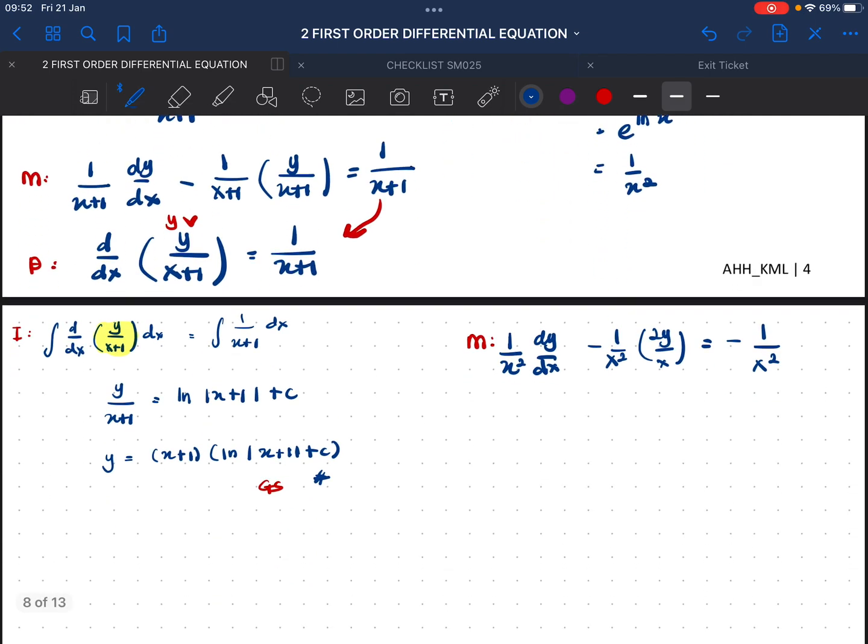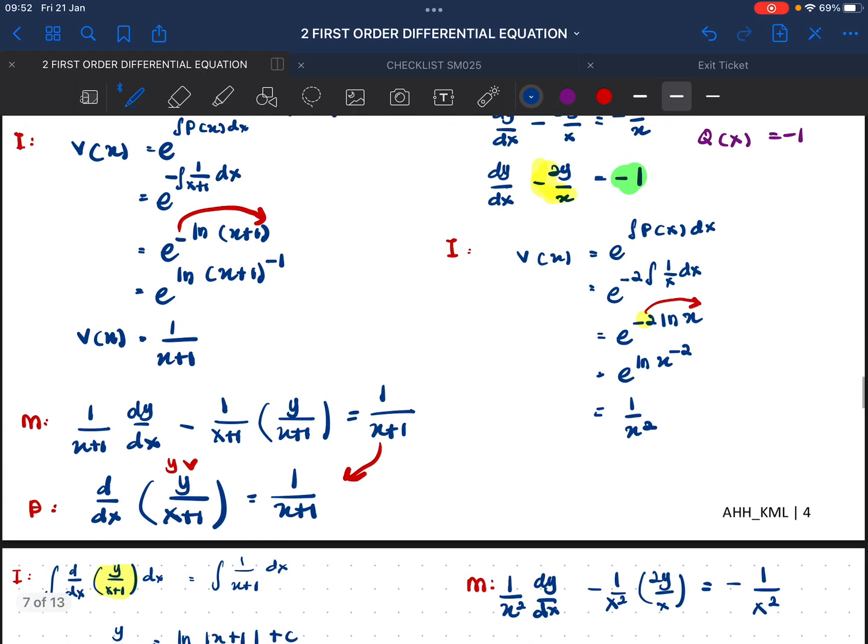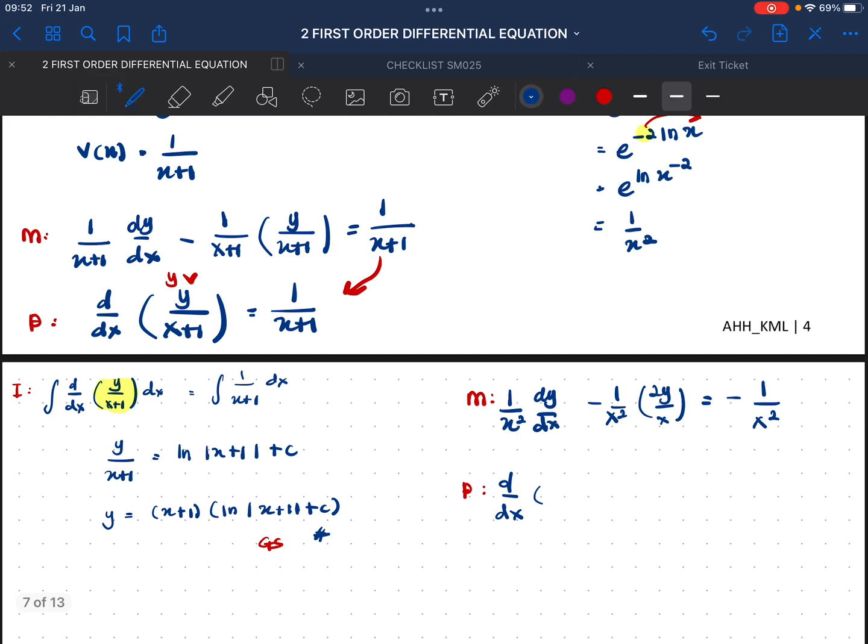Okay, so the next step is the product rule. The same thing, d/dx. What we want to find is y, because we have dy here. So we want y multiplied by our integrating factor, which is 1/x², or we can write it as y/x².